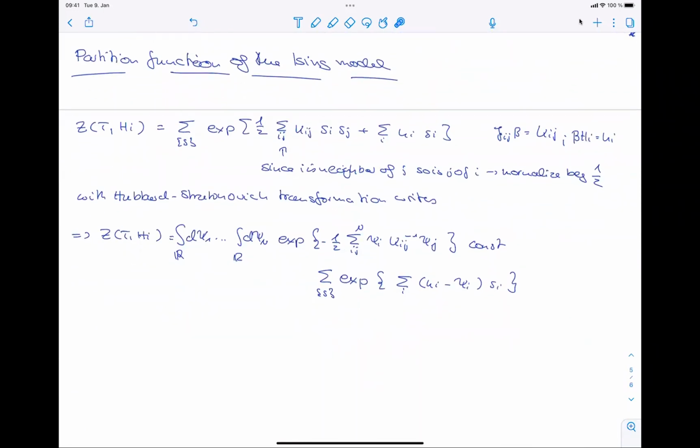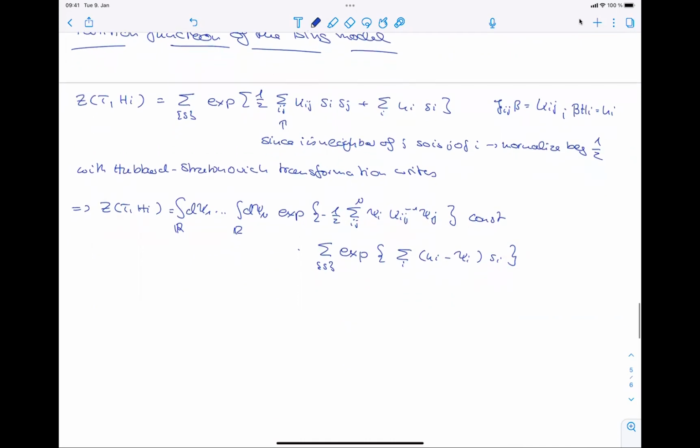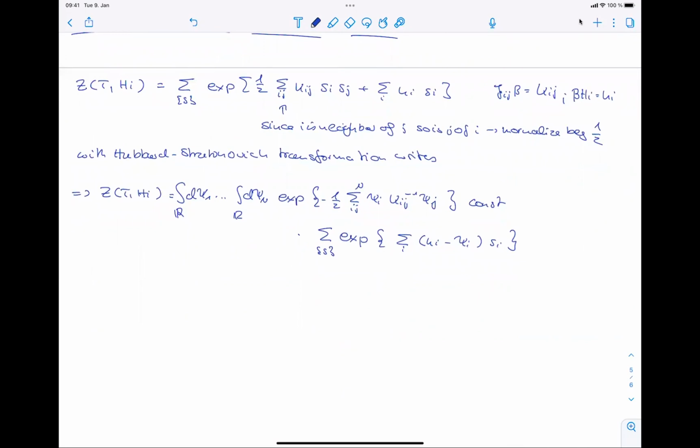And so, okay, so why did we do this? Because now we again managed to have the sum over the spin states in only this contribution. And so we see that this sum now factorizes into a product of the individual states. So the sum on S are common factors.